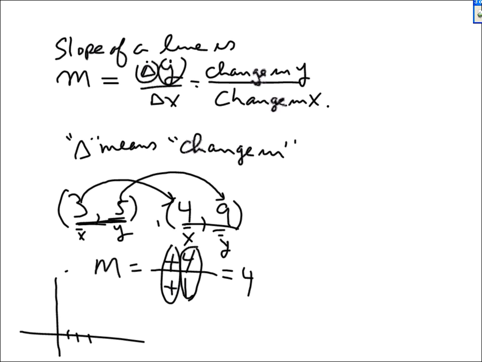1, 2, 3, 1, 2, 3, 4, 5. That's 3, 5, and 4, 6, 7, 8, 9. Right there. That's 4, 9, that second point. So let's move them over. This is the second point, 4, 9.